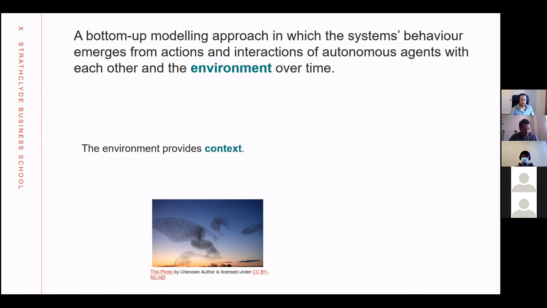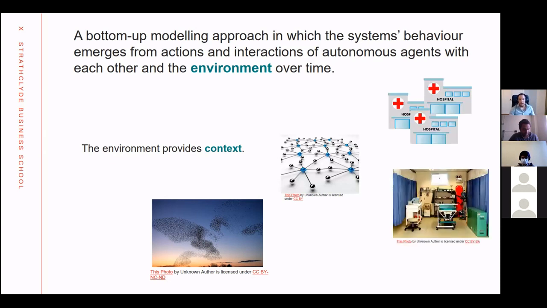The environment provides the context. But we can also have environments that are represented by networks, or a healthcare facility might be an environment as well. You can even find agent-based models in which the agents are cells in the body, and the environment is then the human body, describing how potentially cancerous cells develop.